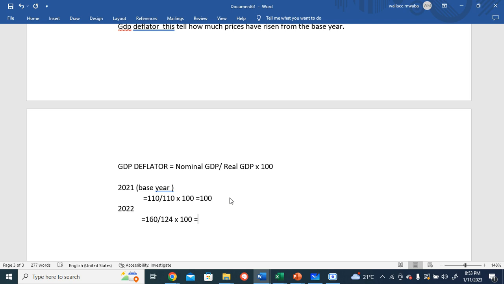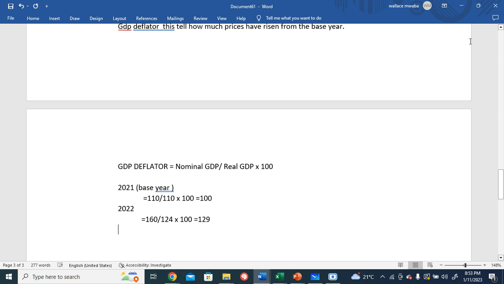So 160 divided by 124 is 1.29. 1.29 times 100, we get 129. This is how base numbers work.